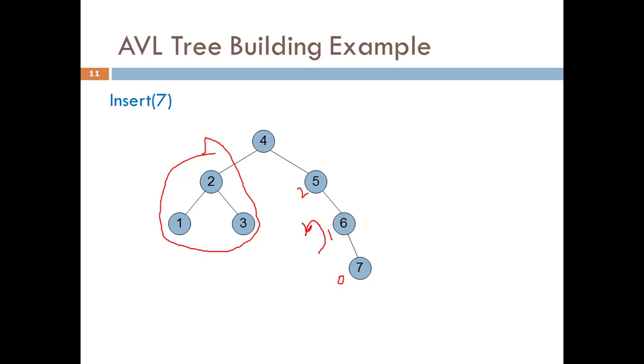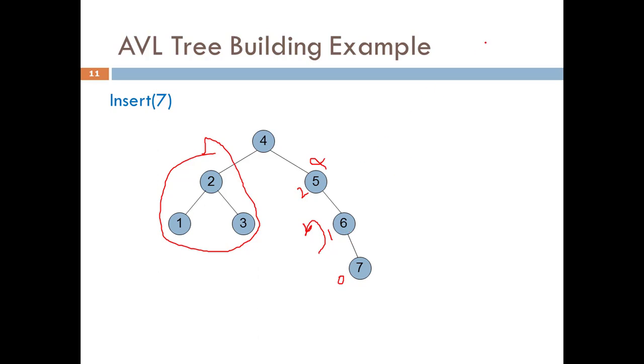You can calculate the balance factors yourself: it should be 0, -1, -1, +1, -2. The balance factor of this will be -2. It means this will be the alpha node.